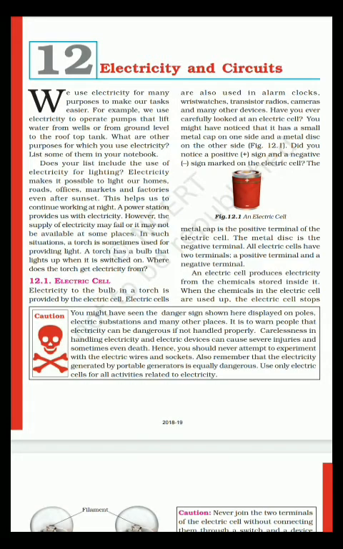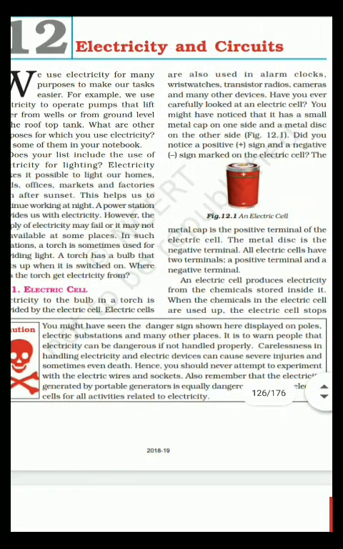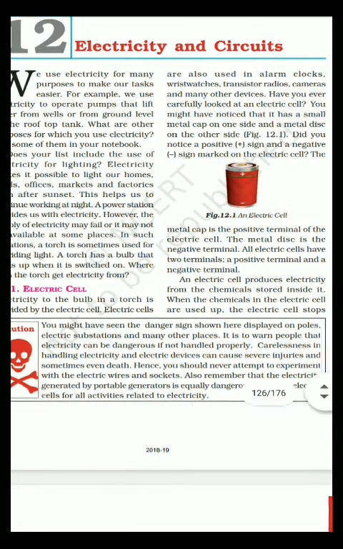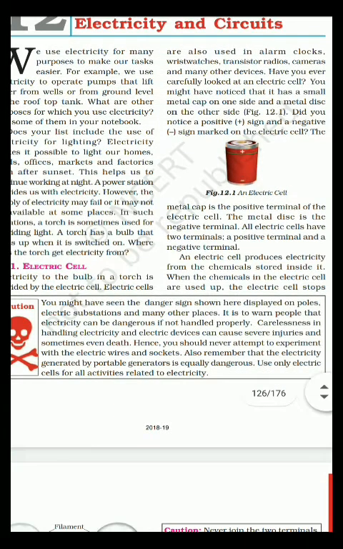You can see the electric cell in figure 2.1 and also the positive and negative signs marked on the electric cell. The metal cap is the positive terminal of the electric cell. The metal disc is the negative terminal. So the metal cap is the positive terminal and the metal disc is the negative terminal.